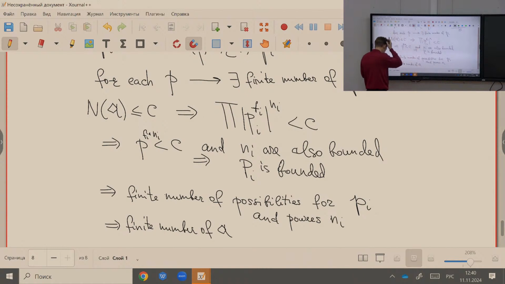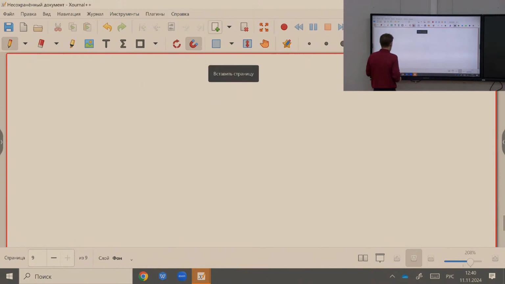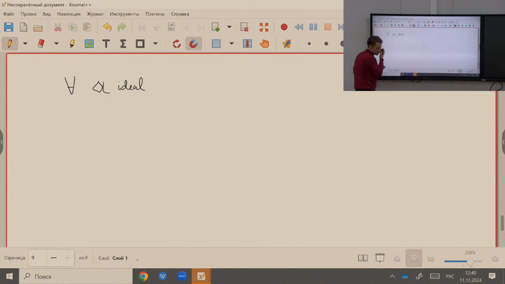So now we will be searching for the set so that for any ideal, so usual ideal. So now we do not care about fractional ideals.